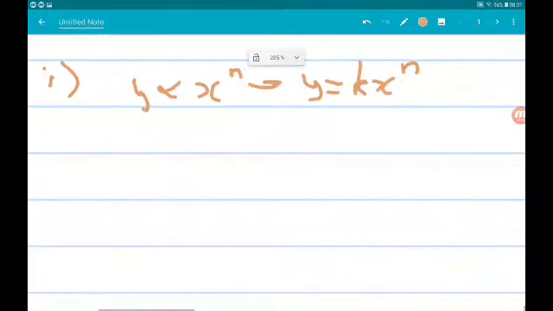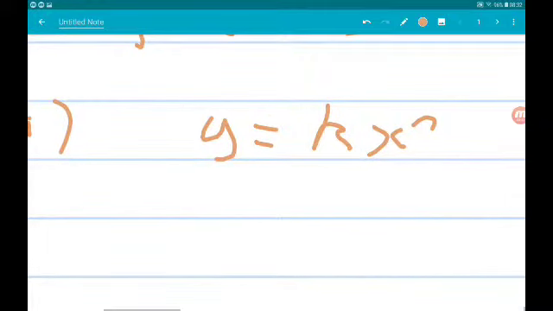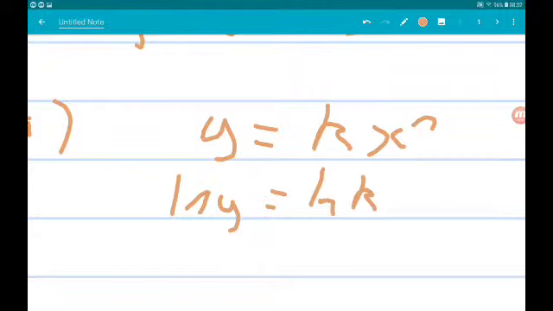So, if we know that y is k x to the power of n, we need to turn y into log y. So we're going to take logs of both sides. So log y is log of kx to the power of n.